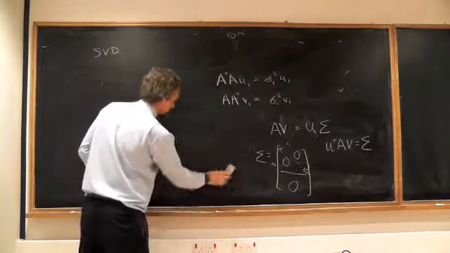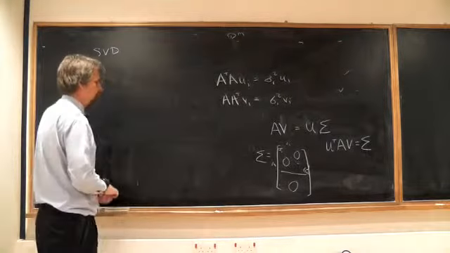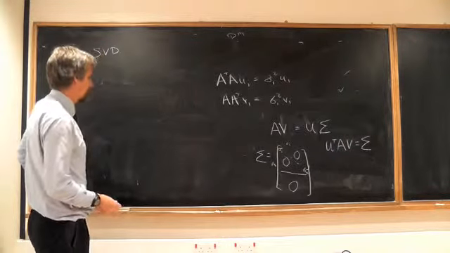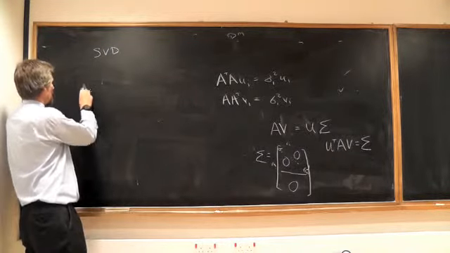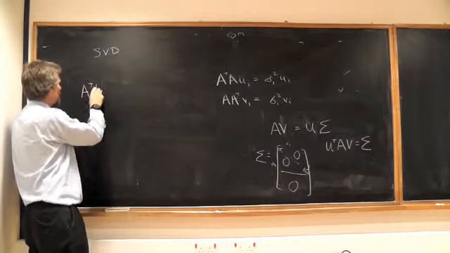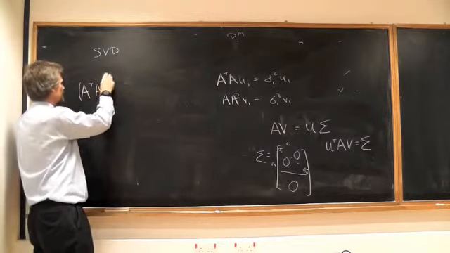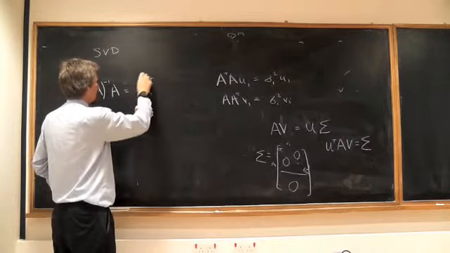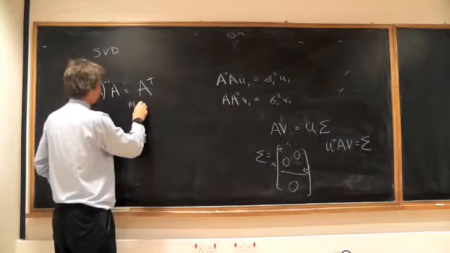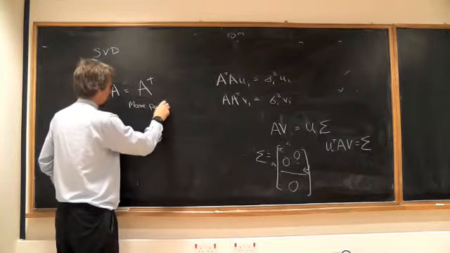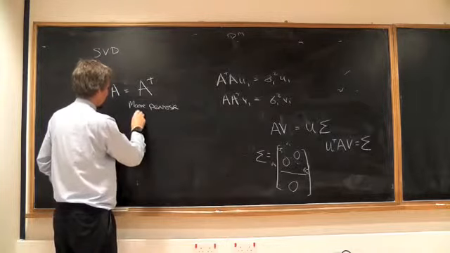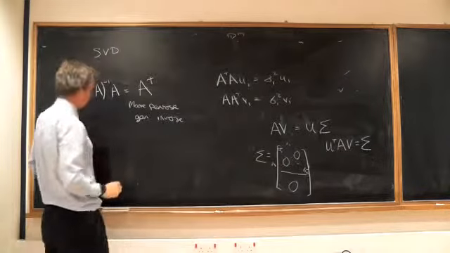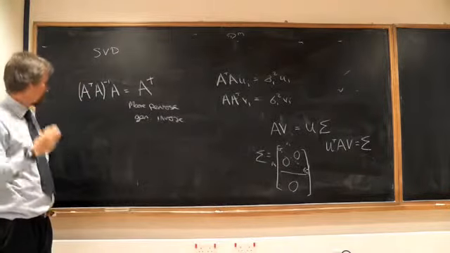Well, let's first look at A transpose A inverse A transpose, which is sometimes called A dagger, the Moore-Penrose generalised inverse. So that's the expression that came in the least squares thing.